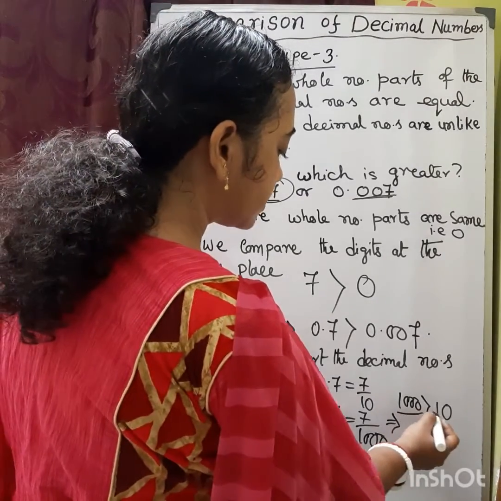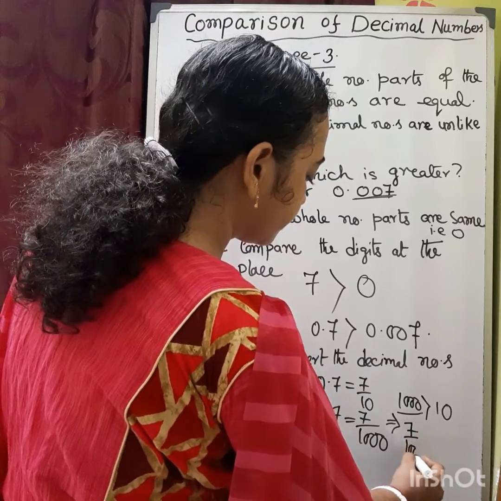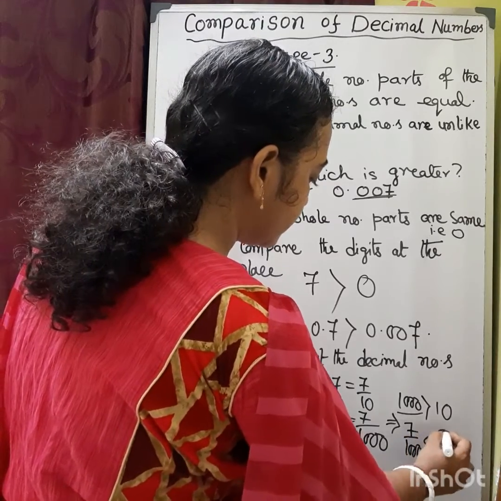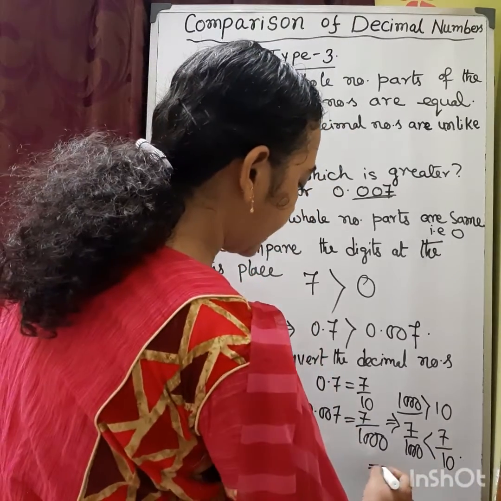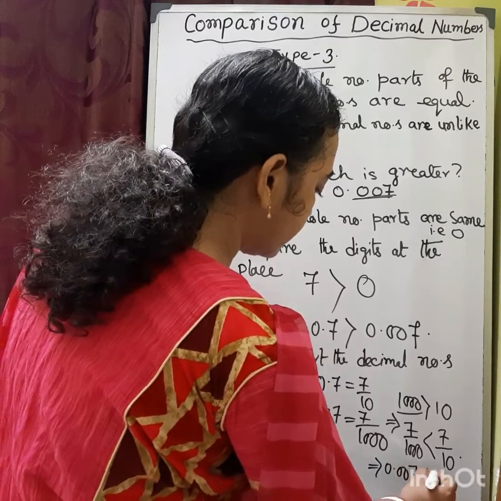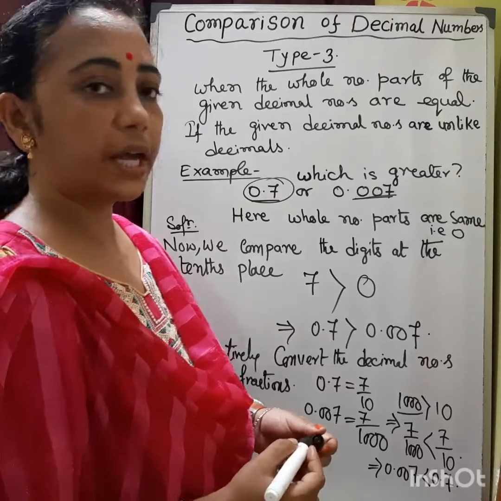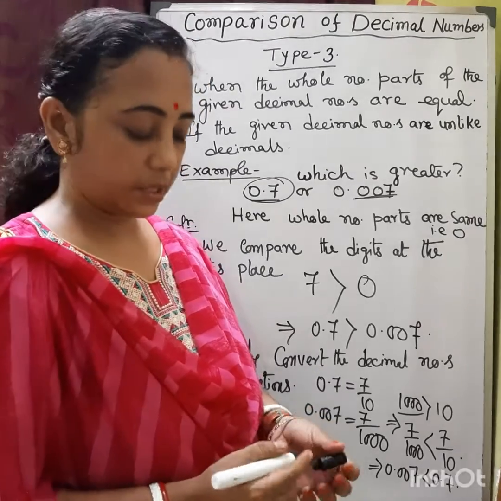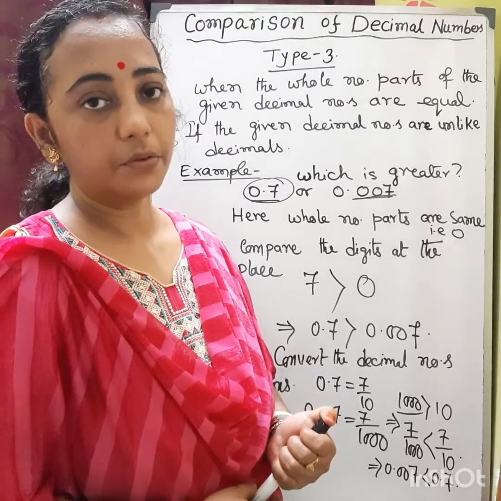So 7 by 1000 will be less than 7 by 10, which implies that 0.007 is less than 0.7. So in this way also we can easily compare the two decimal numbers by converting them into fractions.